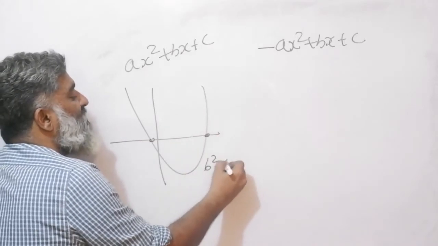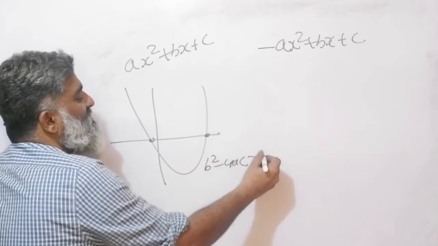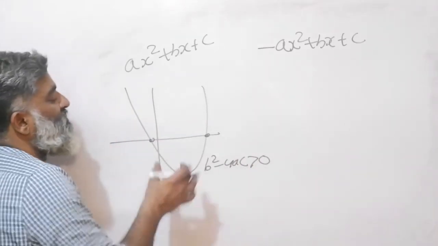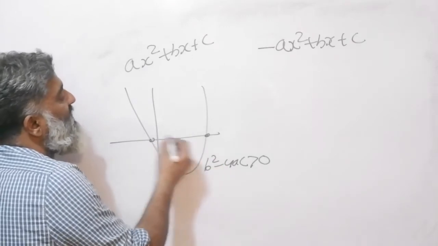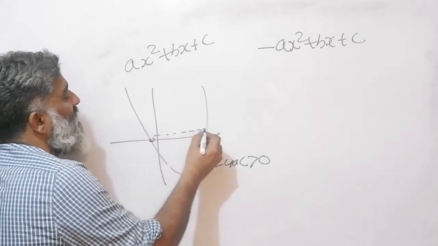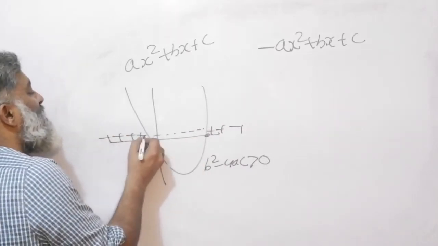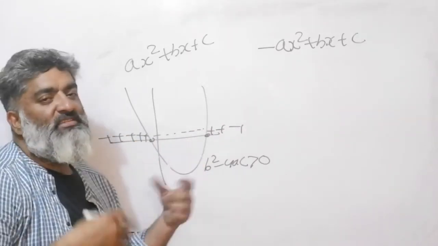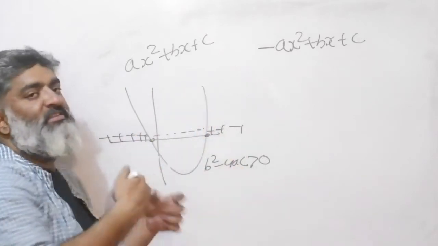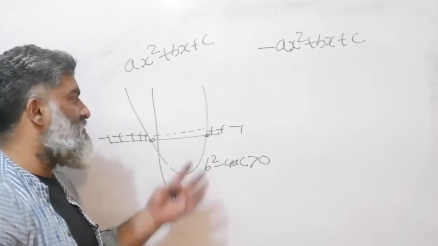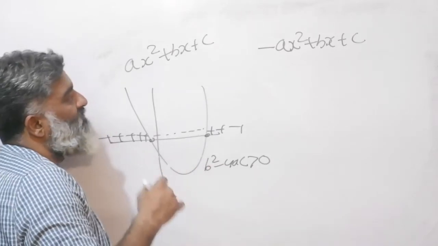When b square minus 4ac is greater than 0, or you directly see it in the factorized form anyway, you will know that there are roots. If there are roots, between the roots it is negative. Beyond the roots it is going to be positive. Right? We have already seen this without drawing the curve, but this time I want to get familiar with the curve as well, so that for later conversation we have some confidence with this, right?